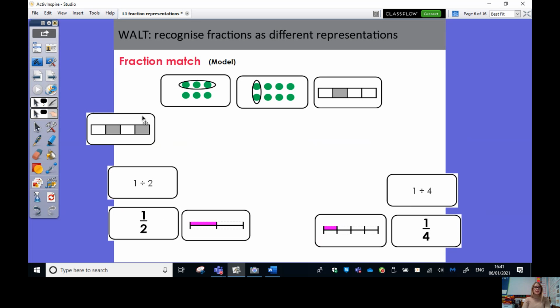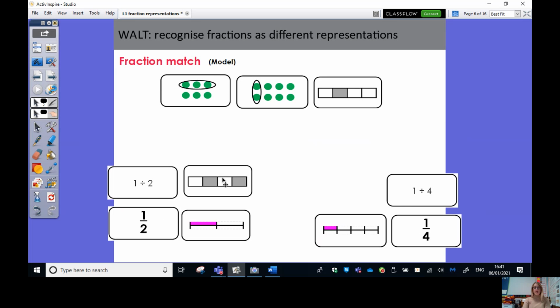Okay, so moving on to this one here, I have 1, 2, 3, 4 parts, and 2 of them are shaded in. So this one is a little bit tricky because they're not 2 parts, there are 4 parts, but 2 of them are shaded in. I know that half of 4 is 2. So half of the boxes on this bar model are shaded in.